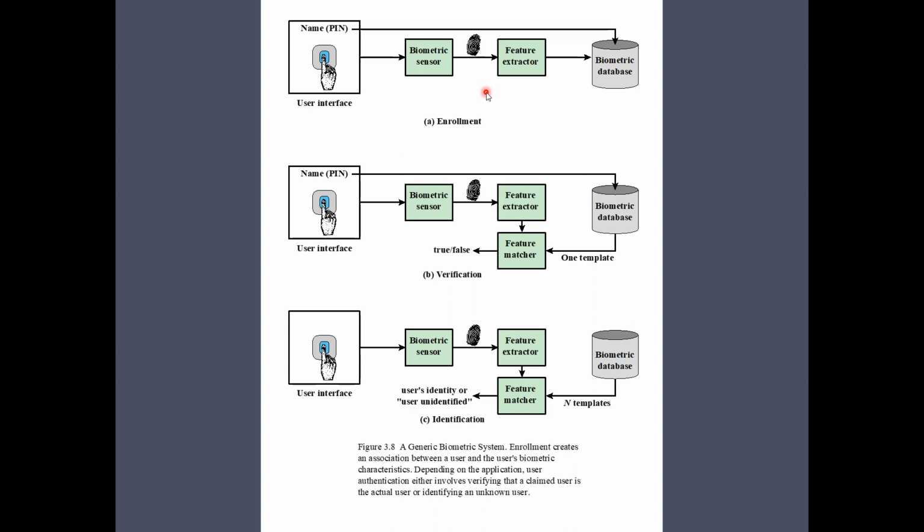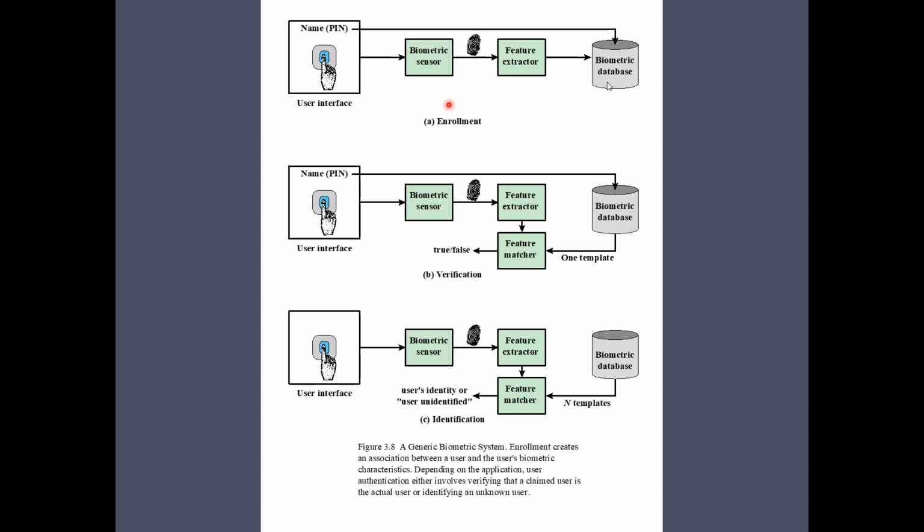So generally there has to be an enrollment stage, enrollment phase. So these are the stages or the phases. Enrollment, or as we said, registration in other words, but the scientific word in relation to biometrics is enrollment.